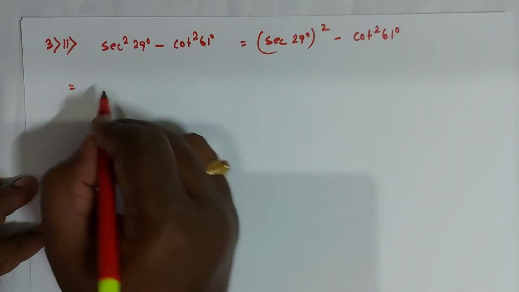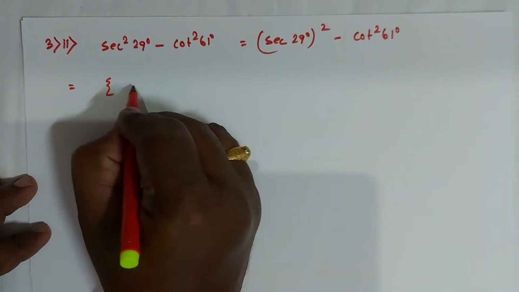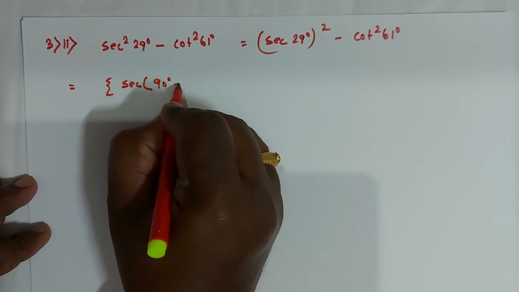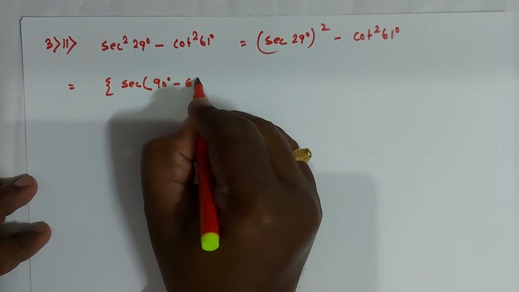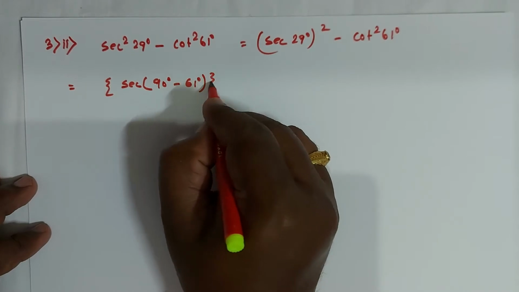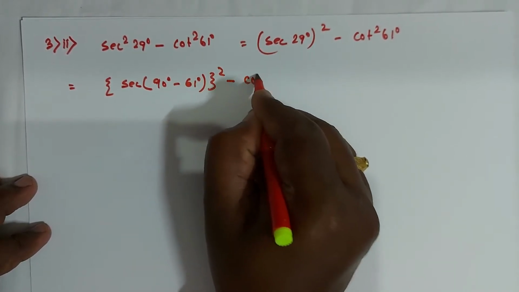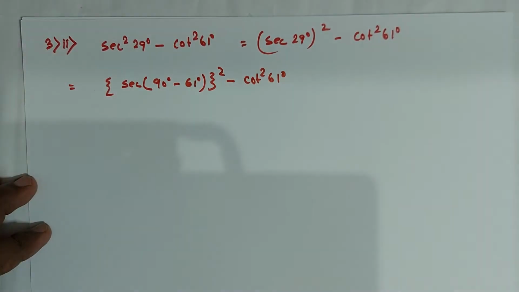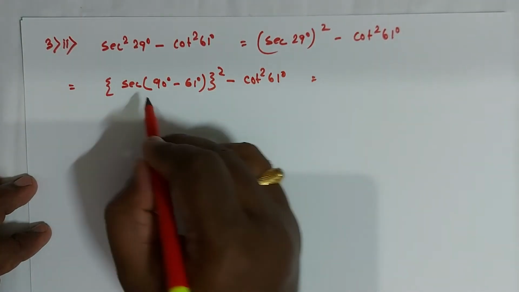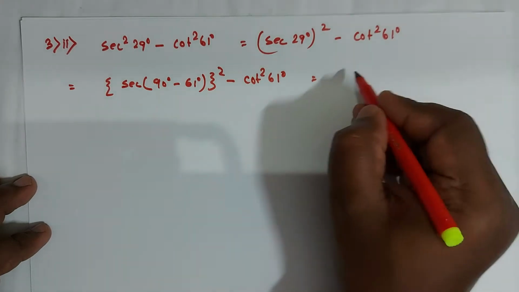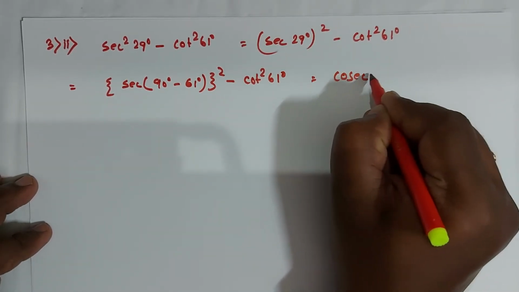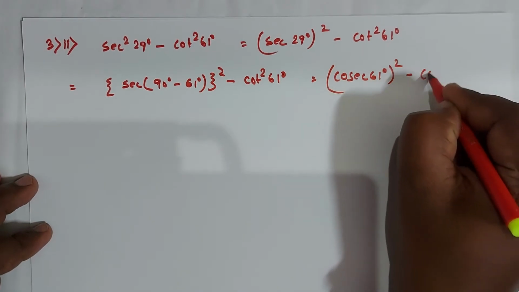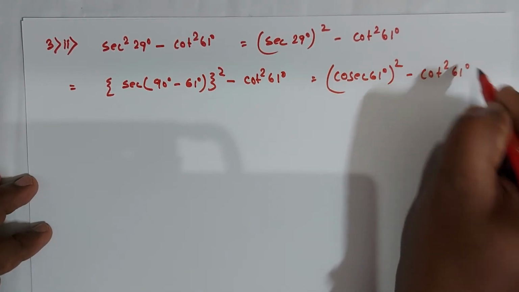Now sec 29 degree means sec of 90 minus 61 degree, minus cot square 61 degree. 90 minus 61 is 29 degree. So sec of 90 minus theta is cosec theta. So cosec 61 degree whole square minus cot square 61 degree.